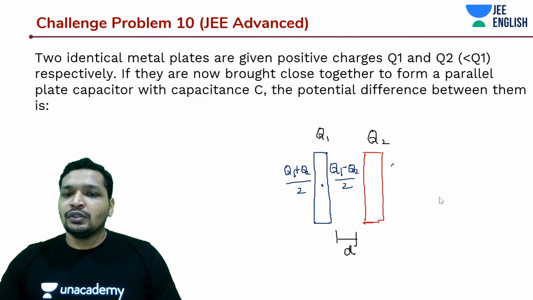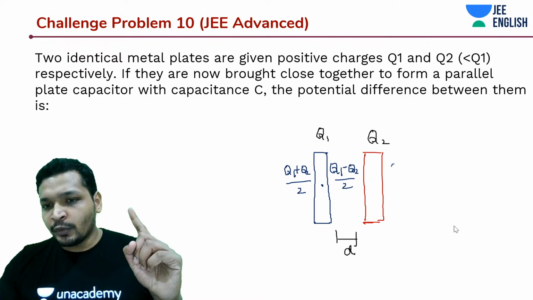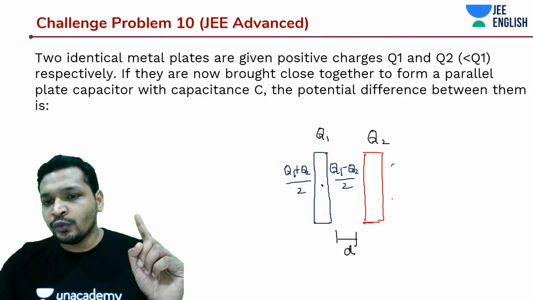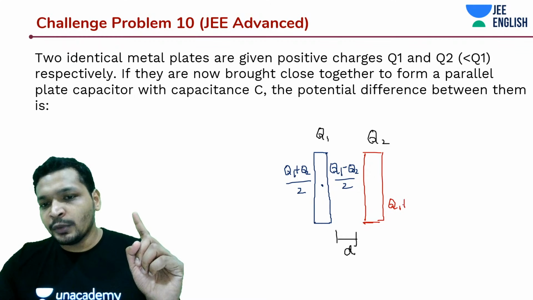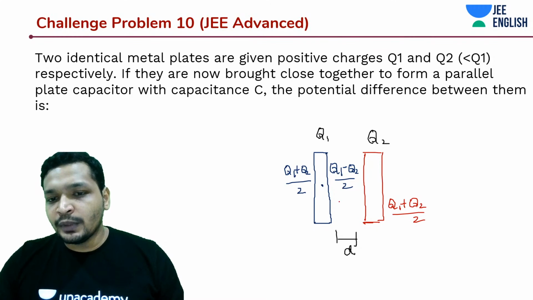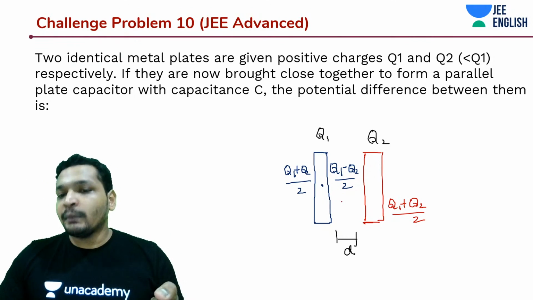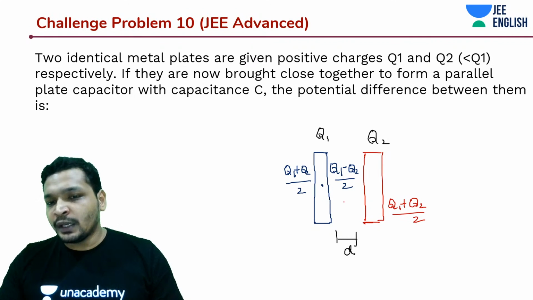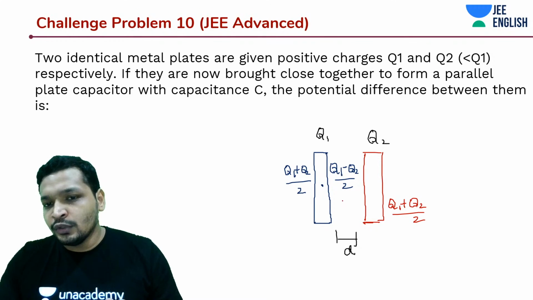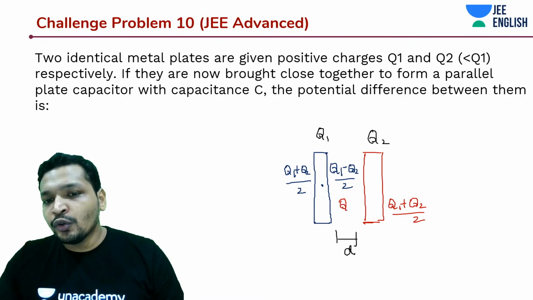So this is about one plate. What about the other one? This is going to be Q1 plus Q2 by 2. And how about this side? It's going to be Q2 minus Q1 minus Q2 by 2. Charges should be conserved, there's no way for the charges to flow. So that is going to be Q2 minus Q1 by 2.